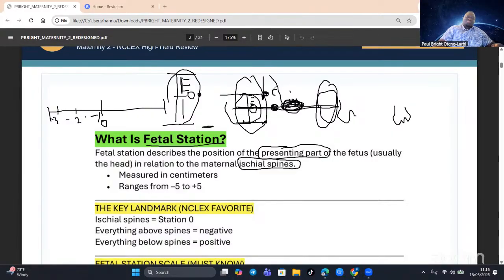So if the head of the baby, or whatever part of the baby is coming down the uterus or coming out of the woman, gets to this station, I'm looking at it in relation to the number line that you did in primary school. If I have not reached the zero point, it means I'm still in the negatives.